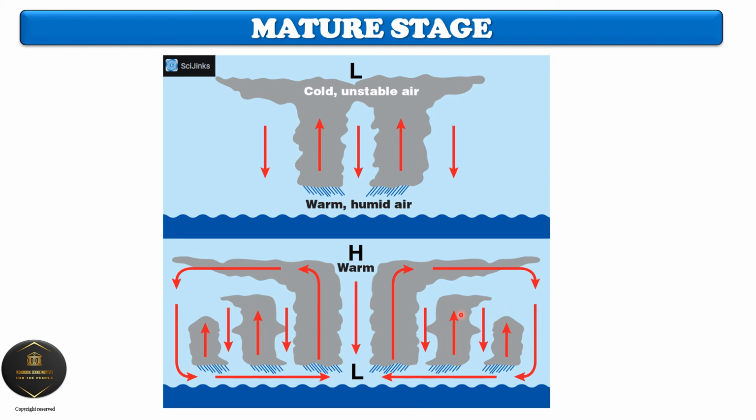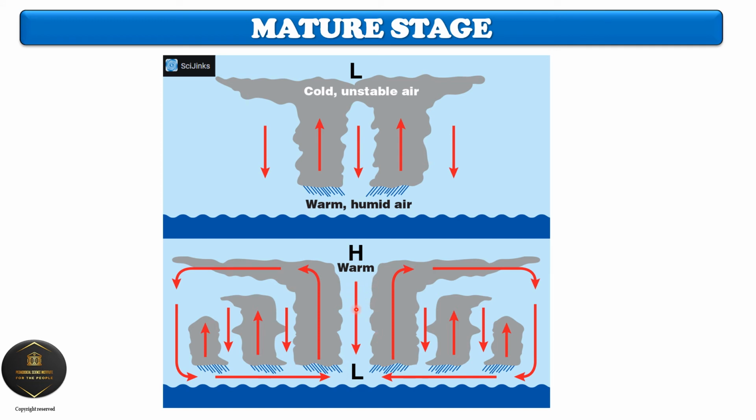It will get warmed up and rise, so the humidity is kept within this closed system, and as a result, you are going to have very severe storms forming, and you are going to have rainfall.